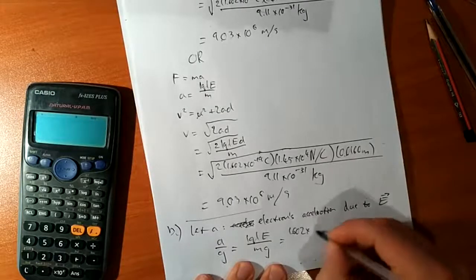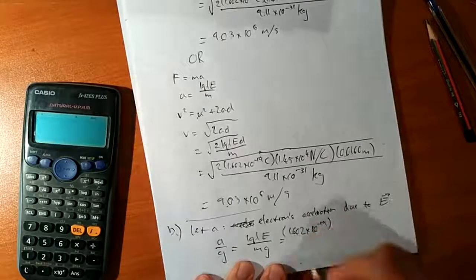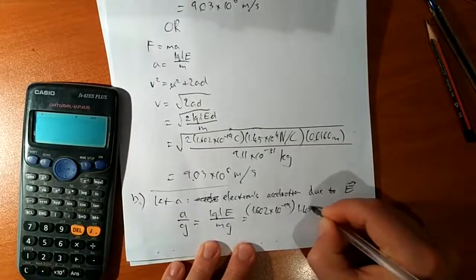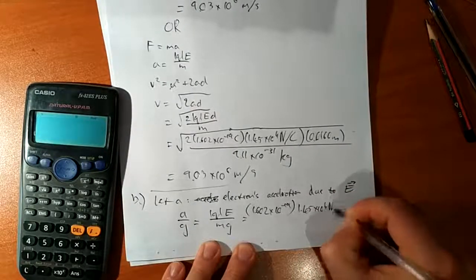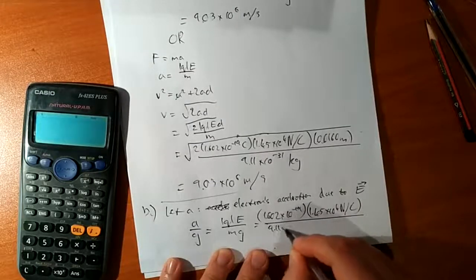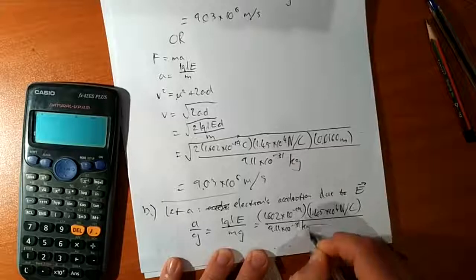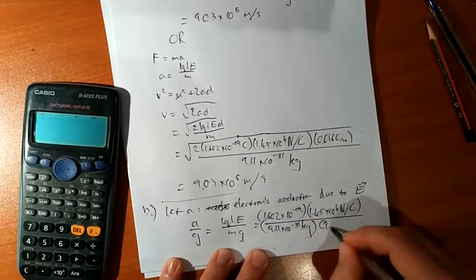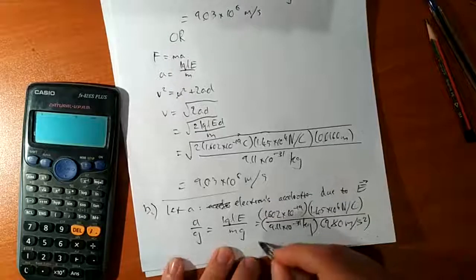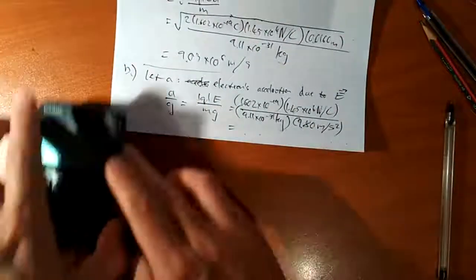1.602 times 10 to the minus 19 times 1.45 times 10 to the 4 newtons per coulomb over 9.11 times 10 to the minus 31 kilograms times 9.80 meters per second squared. Let's calculate that just to see how the acceleration caused by the field compares with g.